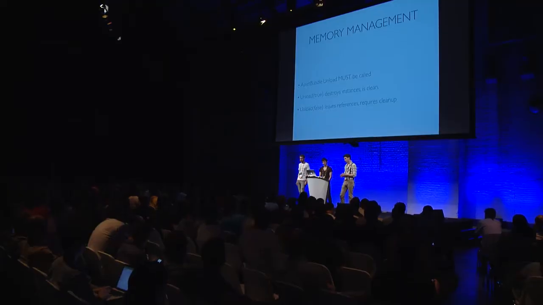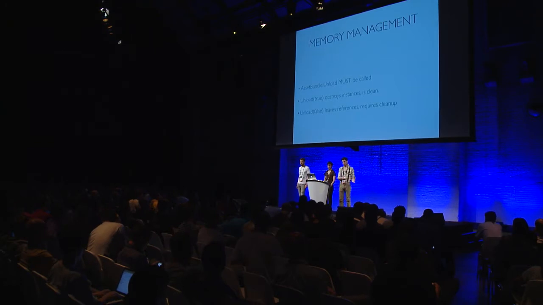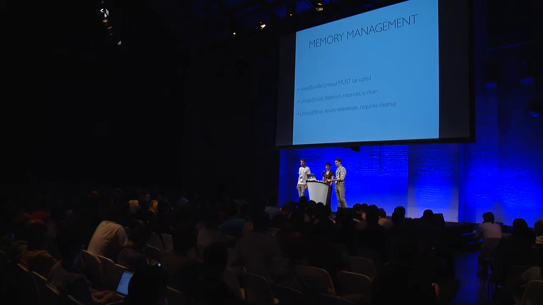The difference with Unload(false) is that it leaves behind all the references that you have into assets that were in the asset bundle. So for instance, you have a reference to a texture or a model that you loaded out of the bundle. It'll keep those references around, and you have to clean them up manually, either by destroying all the objects that reference those assets and then calling unload unused assets, or by changing scenes.